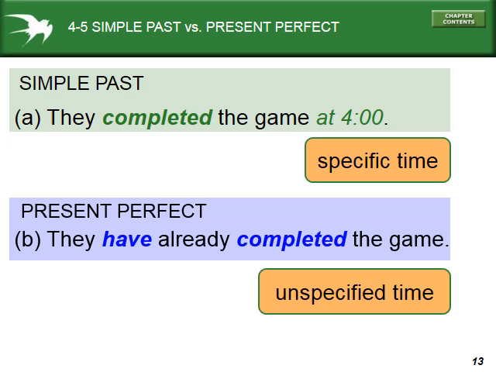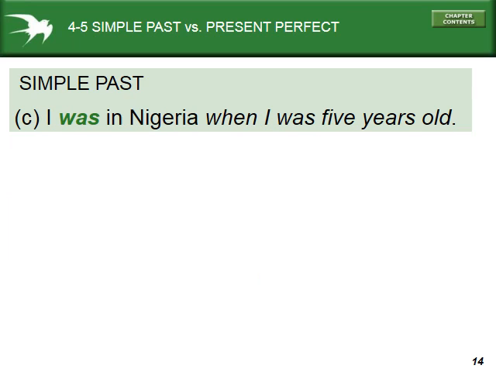Both of them are correct. However, the present perfect I can't use with both of them. So I can say they have already completed the game, but I cannot say they have completed the game at 4 p.m., at 4 o'clock. Okay, so the simple past has more flexibility than the present perfect.